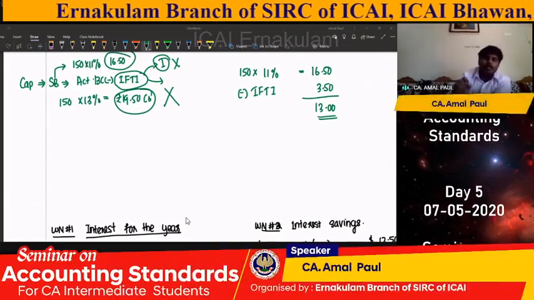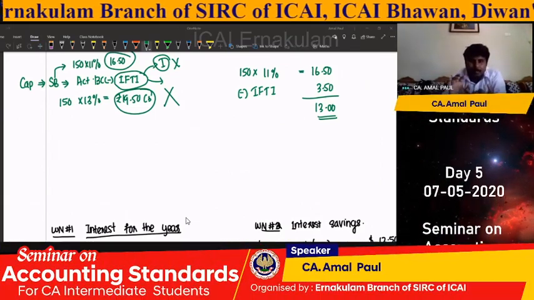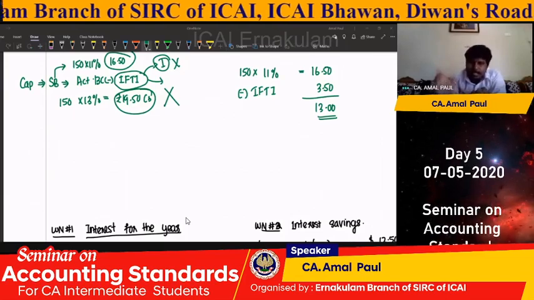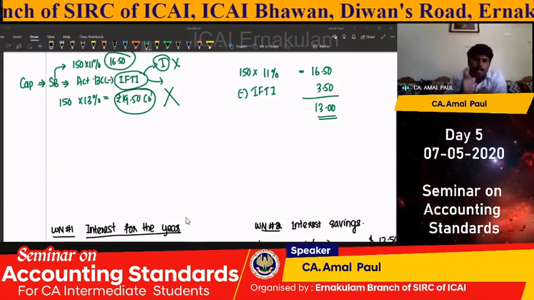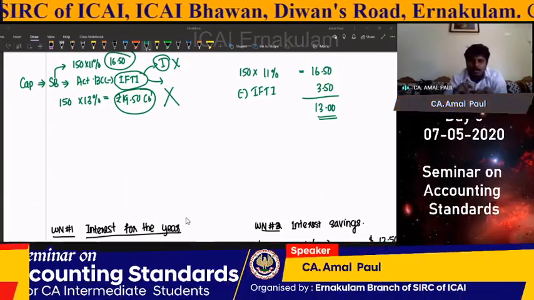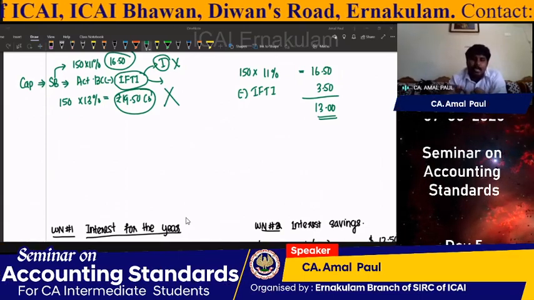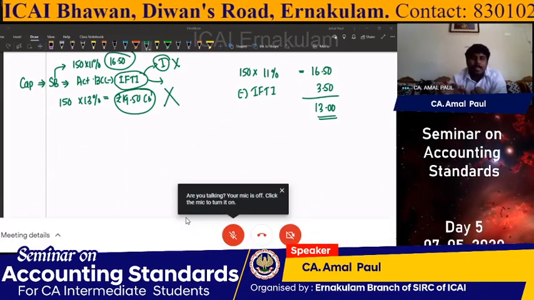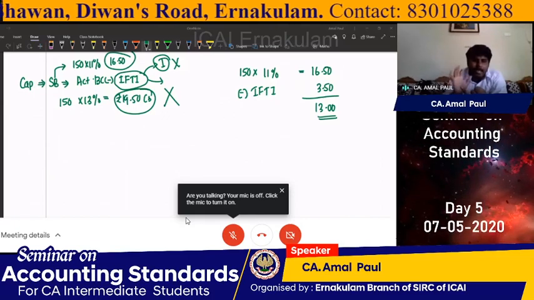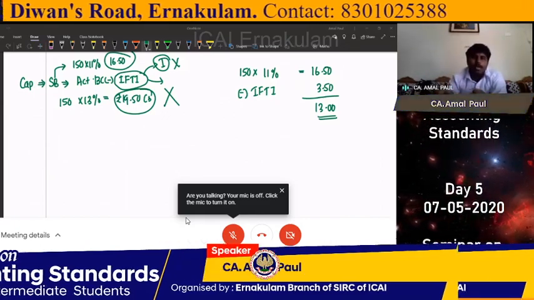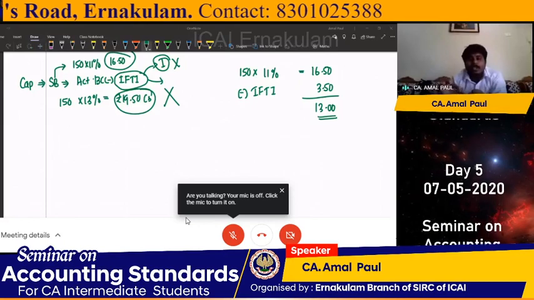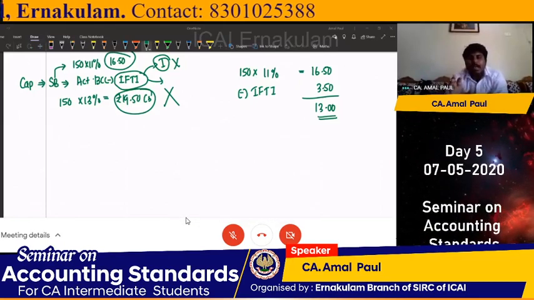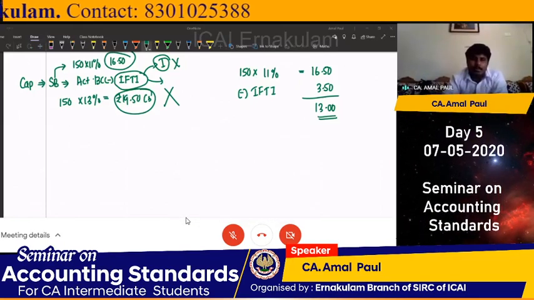So you have to state this is a qualifying asset, since it takes a substantial period of time to get ready for its intended use. In this case, we had taken specific borrowing. The amount which we can capitalize when it comes to a specific borrowing is the actual borrowing cost incurred less income from temporary investment.